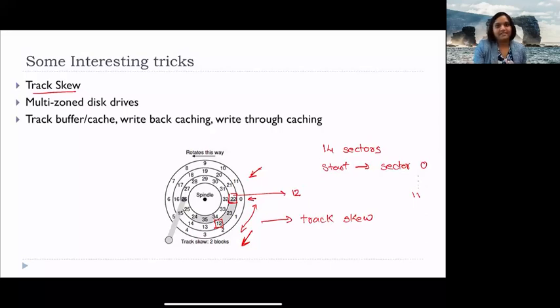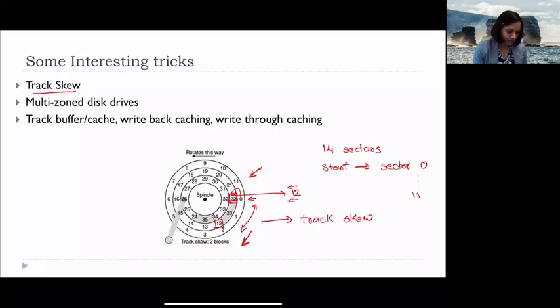And because this keeps rotating, if we would have had our sector 12 located at this position, then what would have happened is, by the time the head would seek from this track to this track, we would have already missed this location.